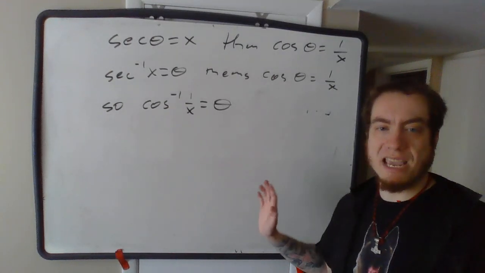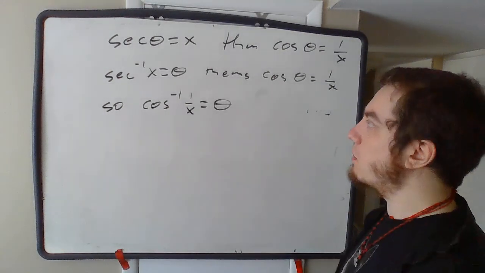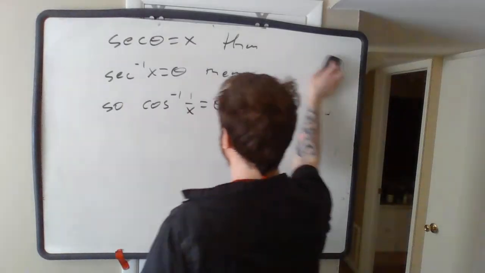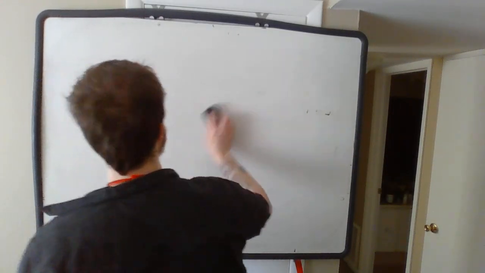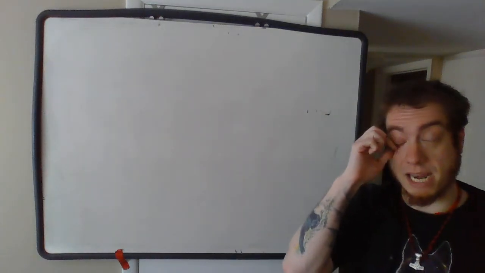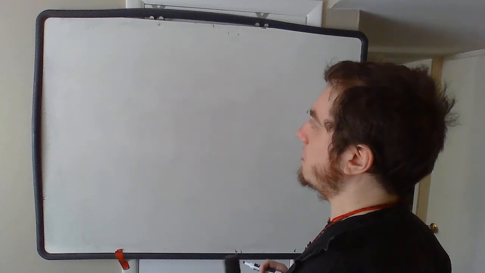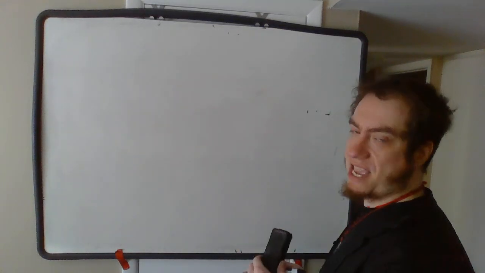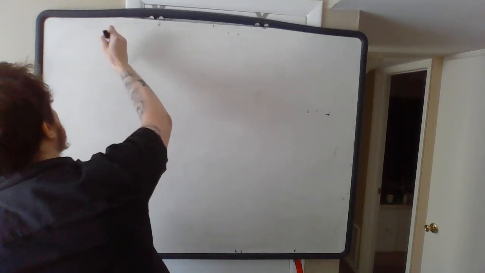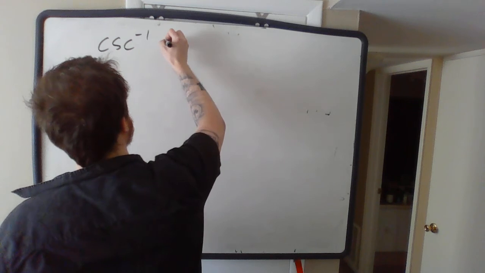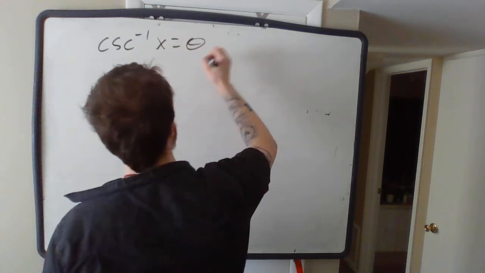We can do the same kind of thing here when we're talking about cosecant and sine. So I wrote down sine theta a minute ago at the beginning, and sine inverse theta. Now we want to see, what does that tell us about cosecant? Well, we're going to do the same kind of thing for cosecant. So cosecant inverse of x equals theta.